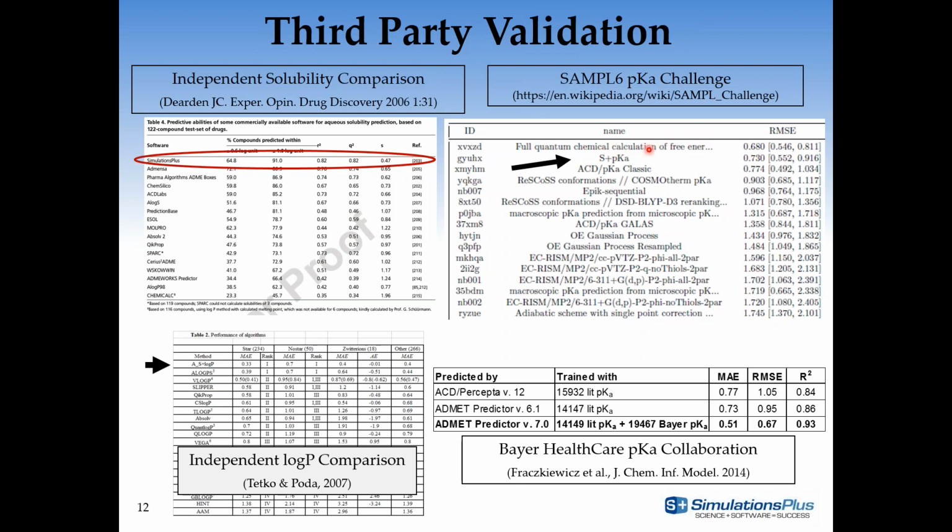I don't know that we have a lot of information about this, but we assume that it must be a very time-consuming calculation. So the website listed here will provide more information about that challenge. But our software in general, in the hands of third-party scientists, has performed very well relative to other predictive software.